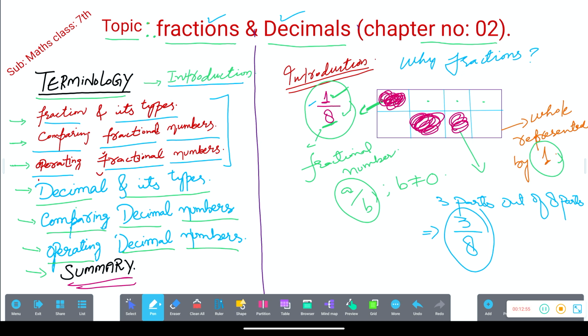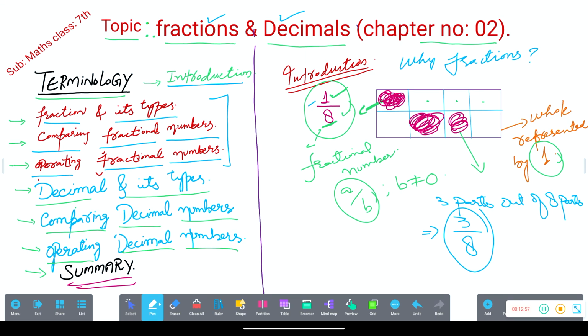Then among equal parts, each equal part is called a part of that whole. So see here, the rectangle I have taken, I have divided into 8 smaller portions, smaller blocks. All these 8 smaller portions are equal to 1 by 8. This is 1 by 8 part of the whole. This is also 1 by 8 part of the whole. This also 1 by 8, and so on, each one 1 by 8.